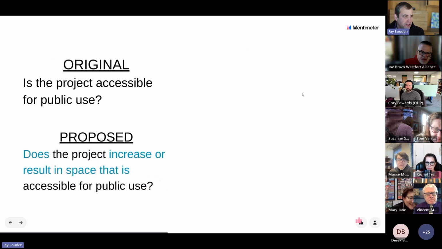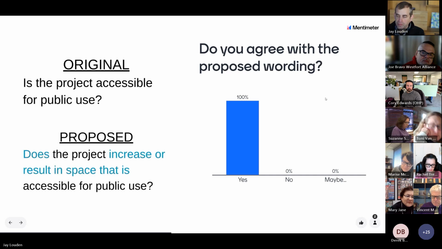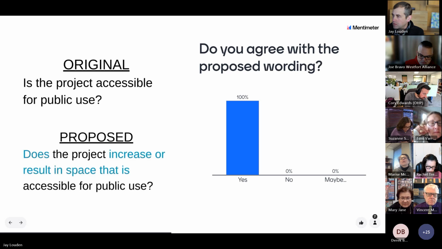Let's keep rolling. The original: is the project accessible for public use? And proposed: does the project increase or result in space that is accessible for public use? We'll have agreement on this one.